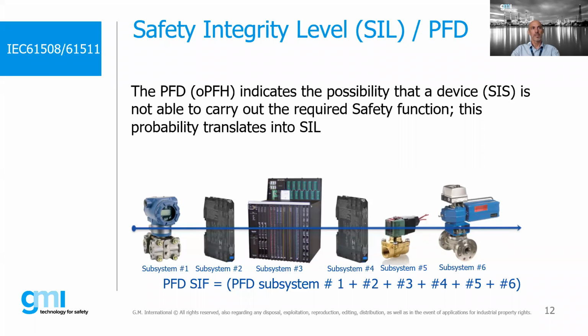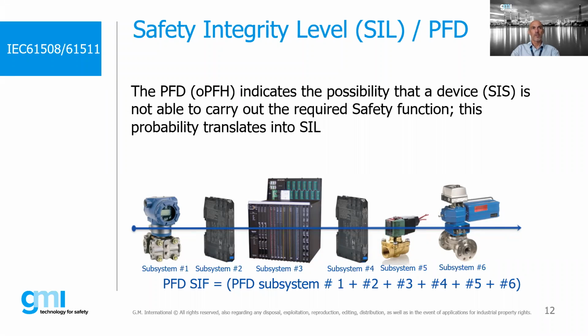So if, for instance, in a loop you start basically from the sensor, in this case you have barriers and so on. You have a logic solver, you have safety relays, and other parts, maybe an electronic valve and so on.